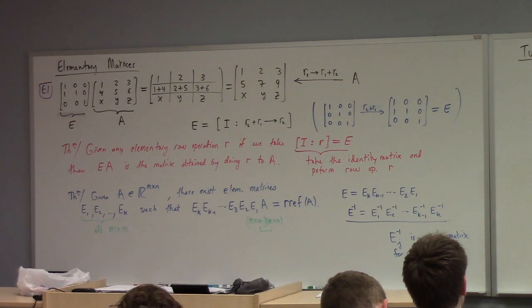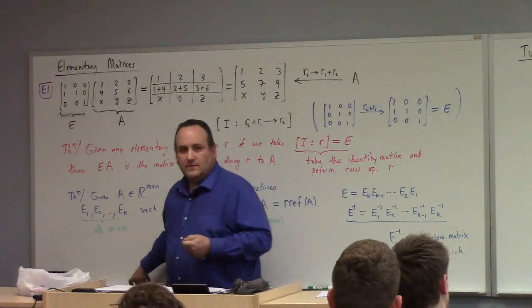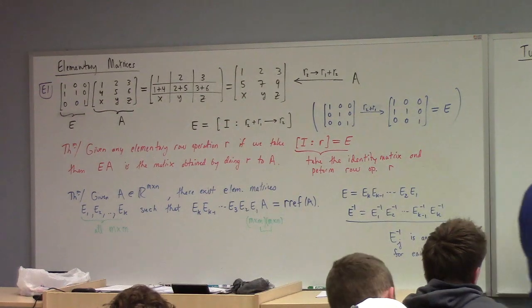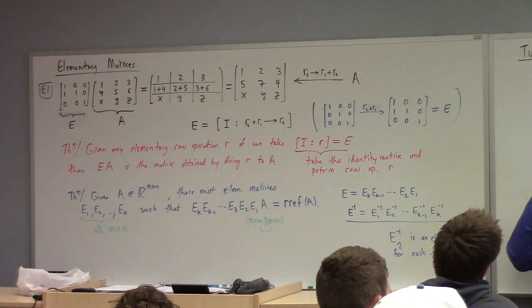So let me put it into words. The span is the set of all finite linear combinations. It's the set of all linear combinations of these vectors. So this is the set. So if I call this thing S, all right?